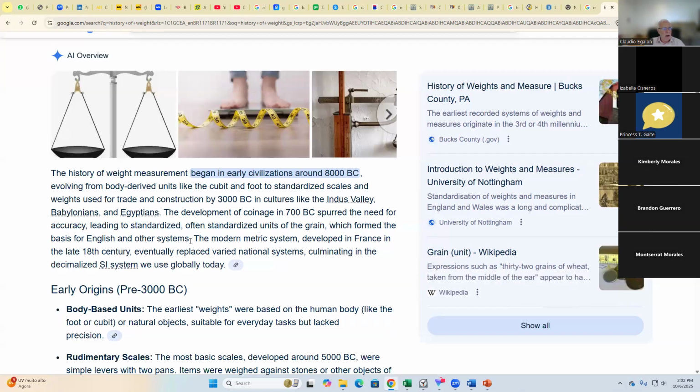So, like I said, the idea of force has been around since antiquity, and consequently the idea of weight as well. People have been aware of this important force since at least 8,000 BC.